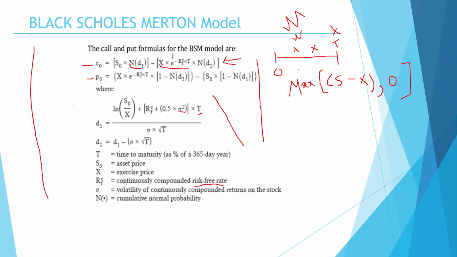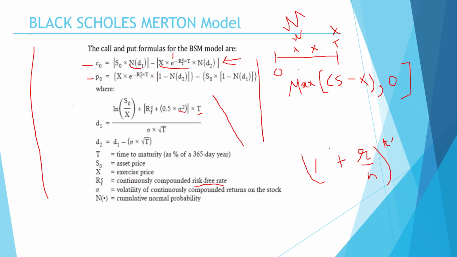You all know the formula of compounding. If you want to compound, you have to use this formula: 1 plus r divided by n, raised to the power t multiplied by n.